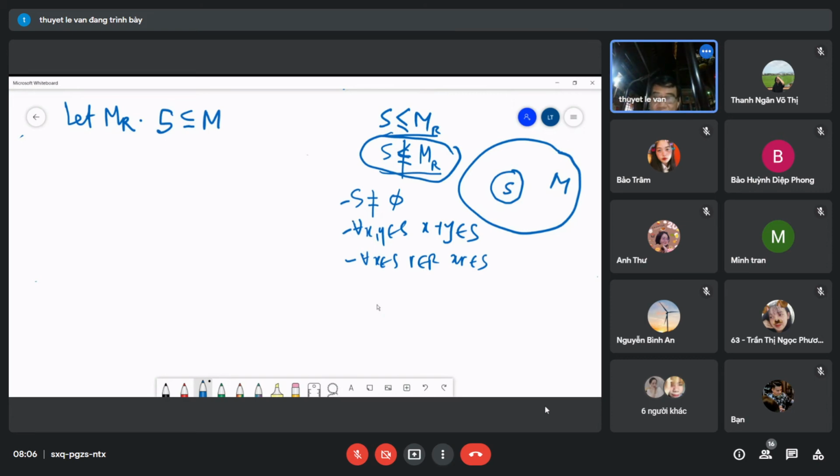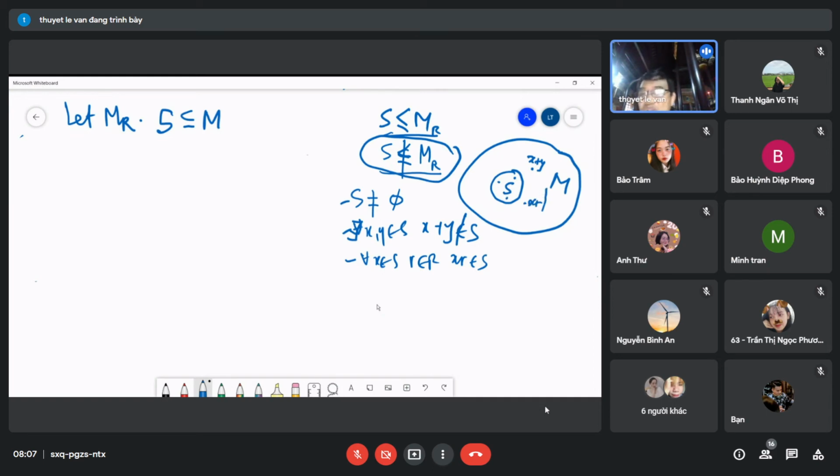For example, there are x and y in S, but x plus y is out of S. Or x is in S and xr is not in S.